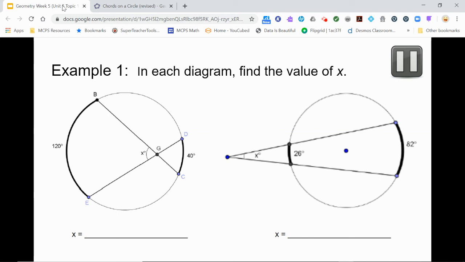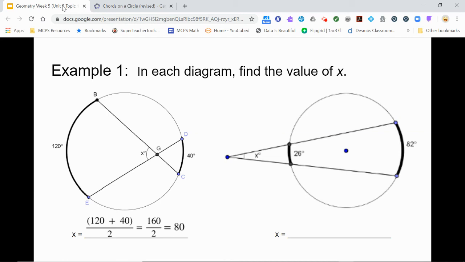In the first problem, point G is in the interior of the circle, so 2x is equal to 120 plus 40, or the value of x is found by adding the arc measures and dividing by 2, giving 160 divided by 2, or 80. Did you get it right?